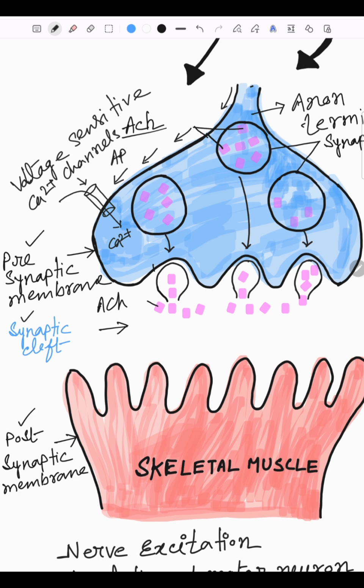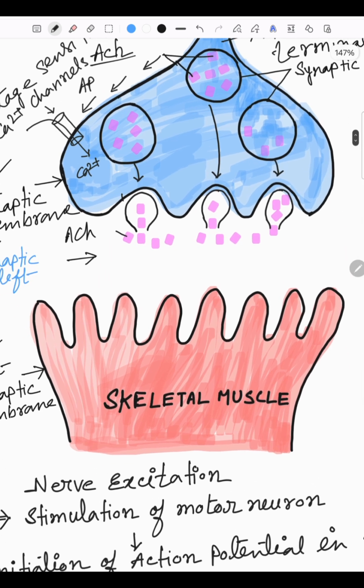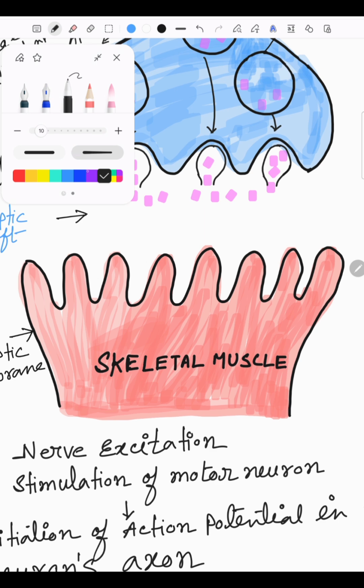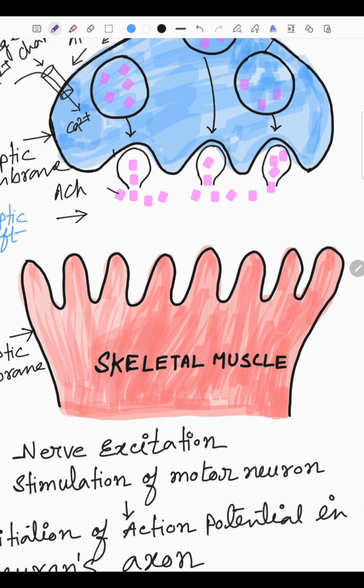Okay. So the membrane of skeletal muscle, present on the surface of the skeletal muscle, there are some acetylcholine receptors. So here are so many acetylcholine receptors.